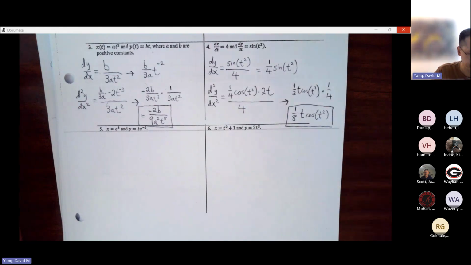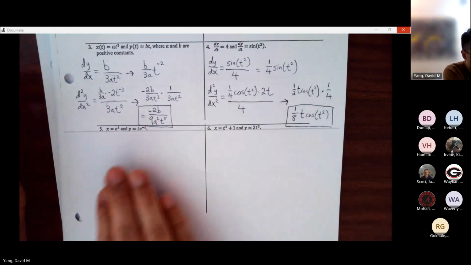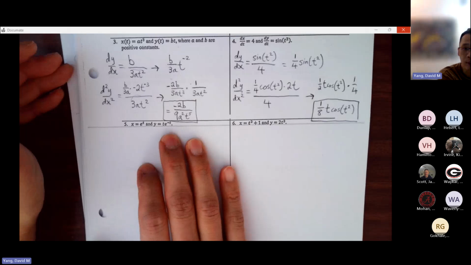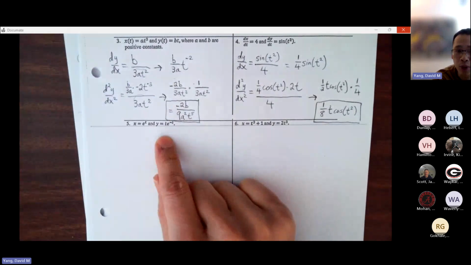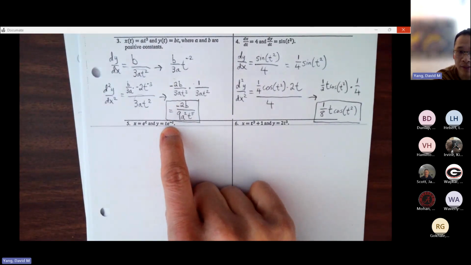All right, number 5. This one requires a little bit more with our derivative process. That t e to the negative t, we have to go through an additional product rule to get the derivative there.